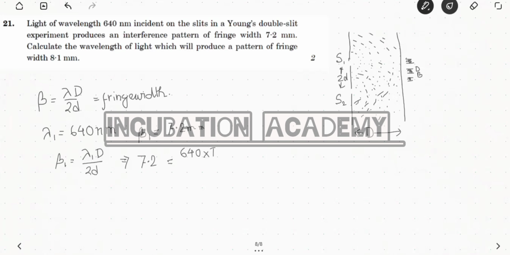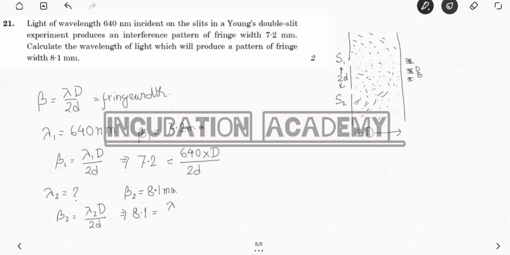Lambda 2 multiplied by D divided by 2d is equal to 8.1, that is my equation 2. And 640 into D divided by 2d is equal to 7.2. 7.2 is the value of beta 1 and 8.1 is the value of beta 2.